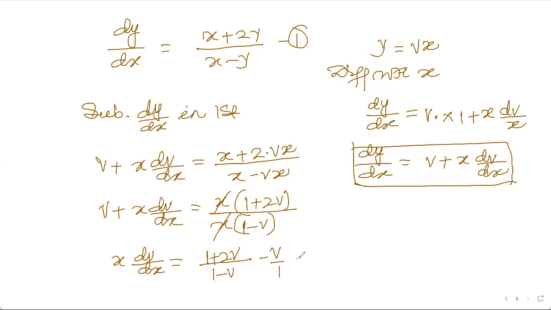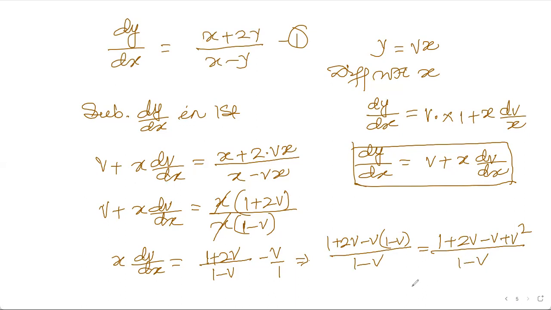By taking LCM, 1 minus v is the LCM. So this is 1 plus 2v minus v times (1 minus v), that is 1 plus 2v minus v plus v square, upon 1 minus v. So you're getting (v square plus v plus 1) upon (1 minus v).